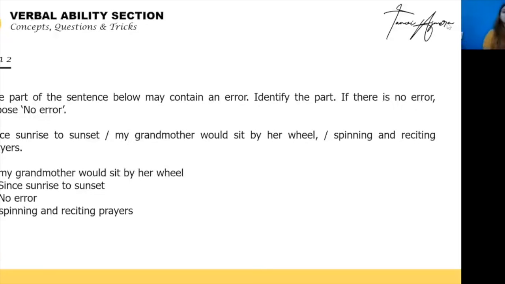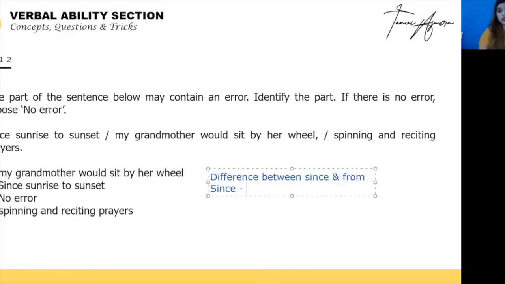So most students get confused with this, which is, what is the difference between since and from? What is the difference between since and from, right? So generally, students, when we use since, of course, we definitely have a starting point.